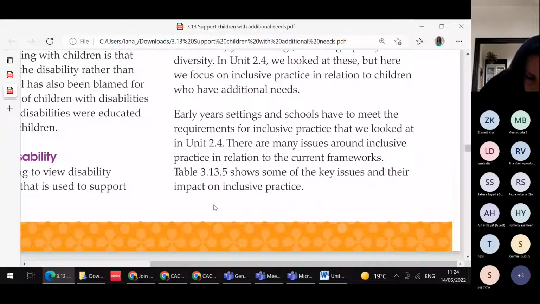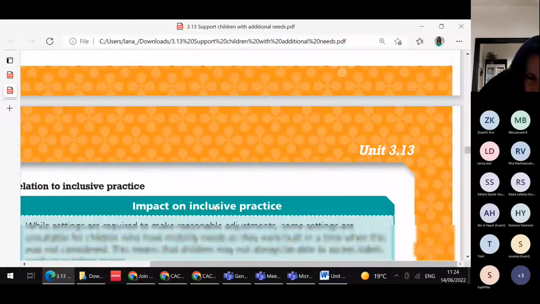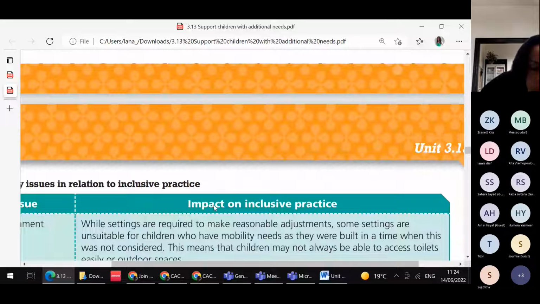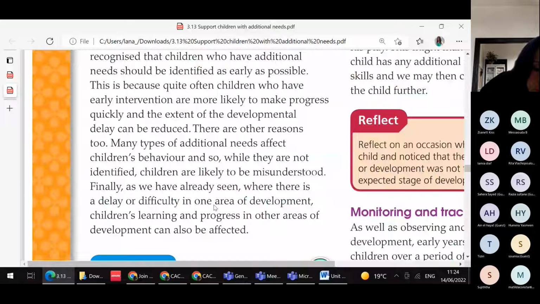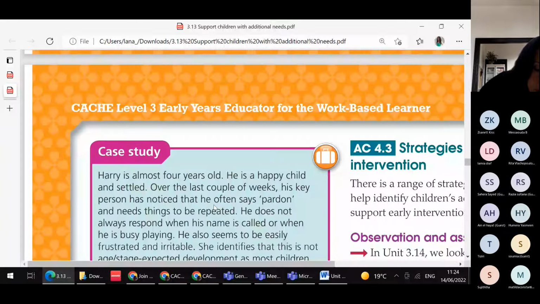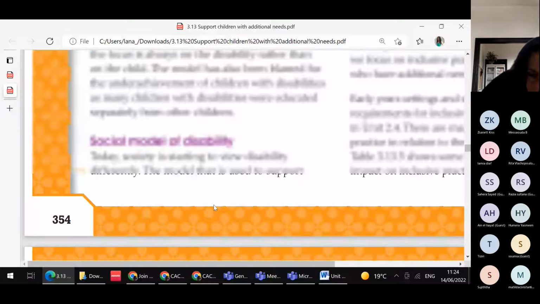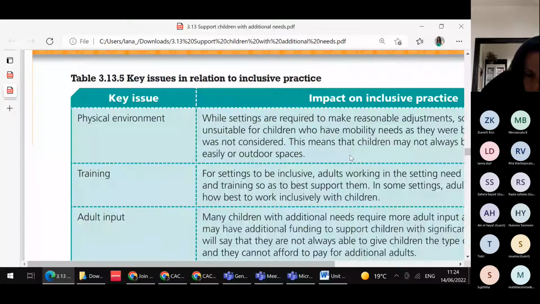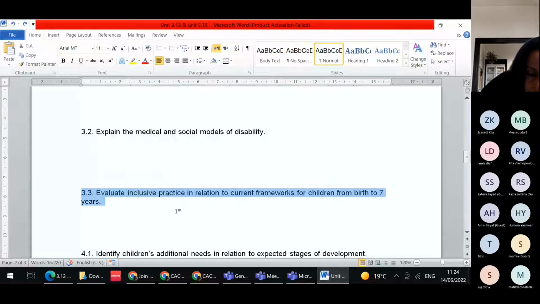So I'm just going to go to table 5 on my original unit, which is 3.13. Okay, so we need to evaluate inclusive practice in relation to the current framework.